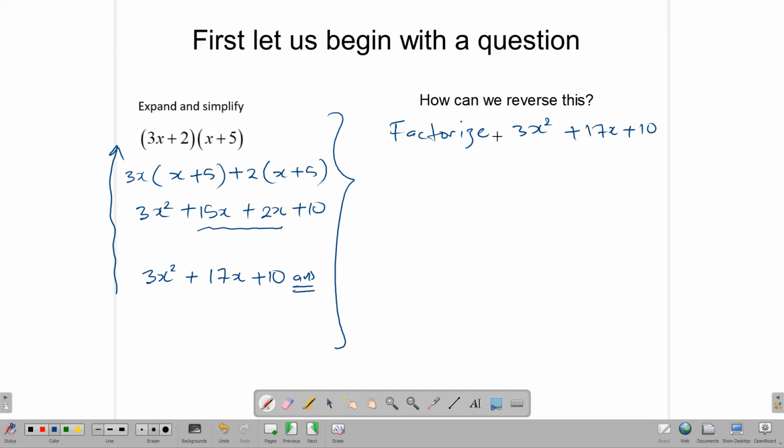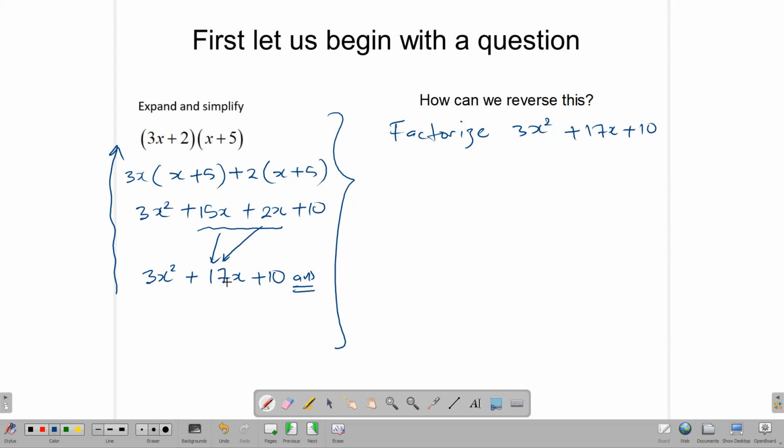If we want to factorize this, then we can look at what we did here and work backwards. The first thing is that here we have three terms, 3x squared plus 17x plus 10. And in the step before, we had four terms, 1, 2, 3, 4. Now remember, these two terms combined to give 17x, 15x and 2x.